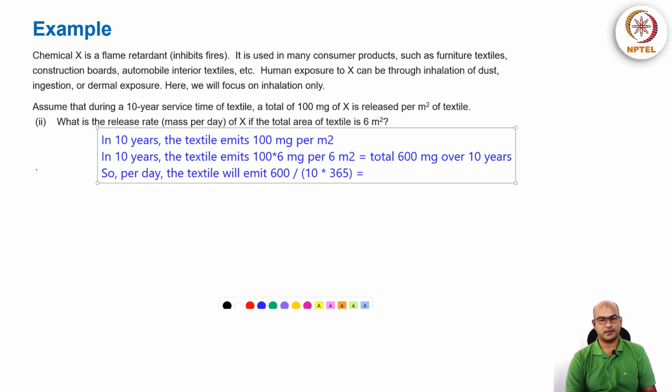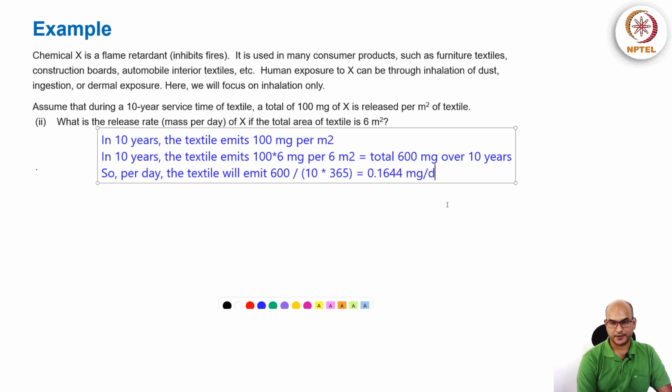So 600 milligram over 10 years, and 10 years is 10 times 365 days. So this would be 600 divided by 10 divided by 365. So it is approximately 0.1644 milligrams per day.